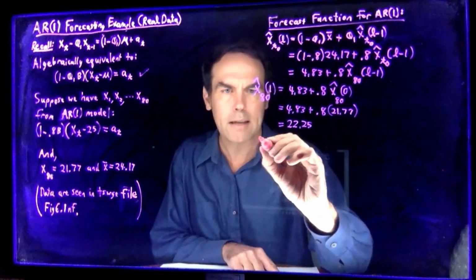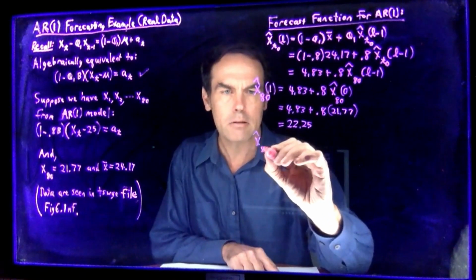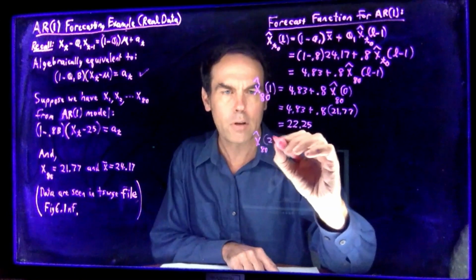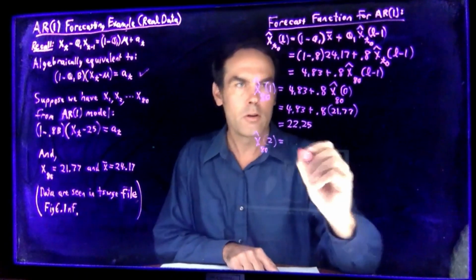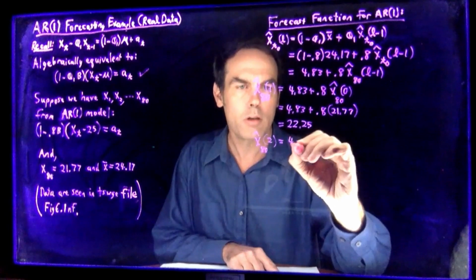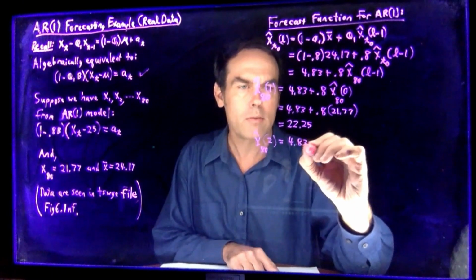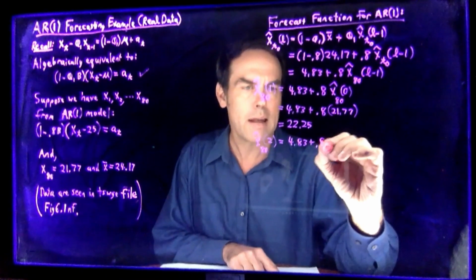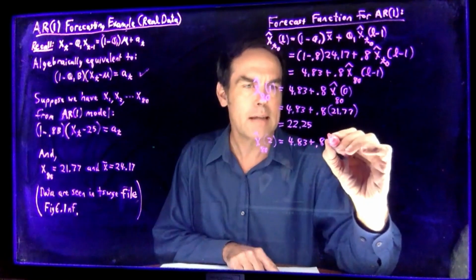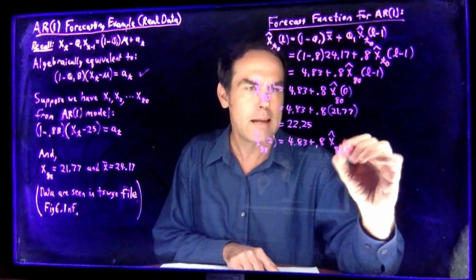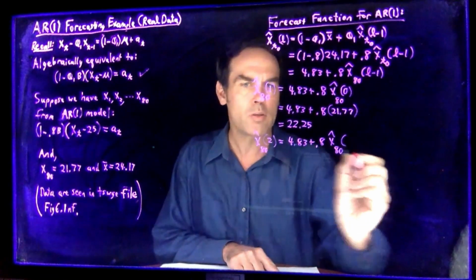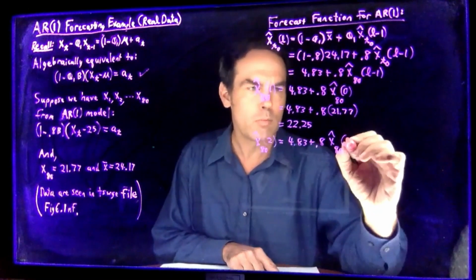What about the 82nd? X hat of 80 of 2, using the general formula, will be 4.83 plus 0.8 times x hat of 80 of L minus 1. Here my L is 2. 2 minus 1 is 1.